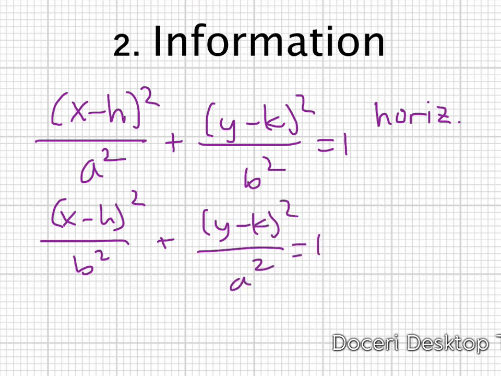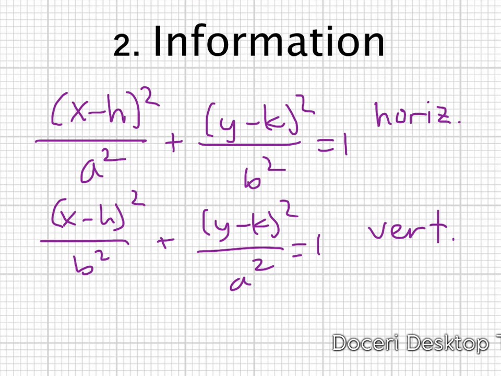And the reason for the difference between the two is just think about which direction is your major axis. Your major axis is going left to right on the horizontal. That means the a value, the bigger axis, is 2a.